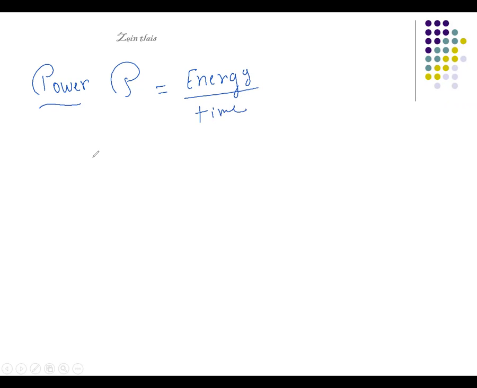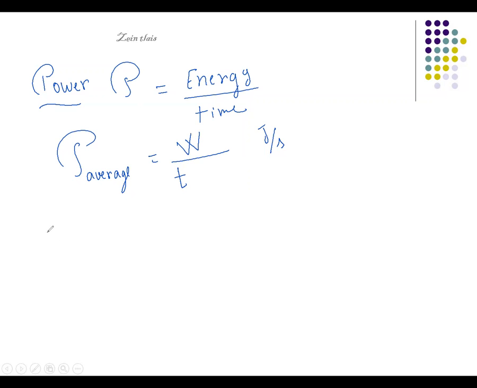In general, the average power equals the total work done on the object divided by the time t. So it's in joule per second.